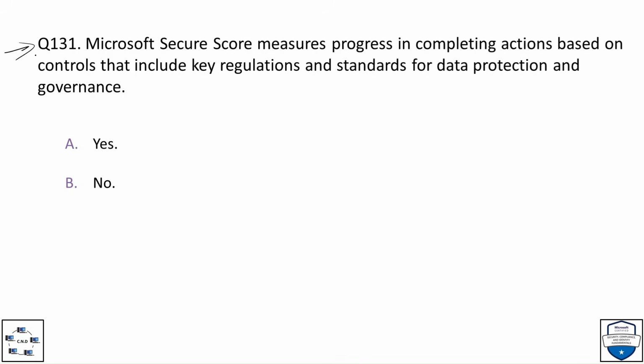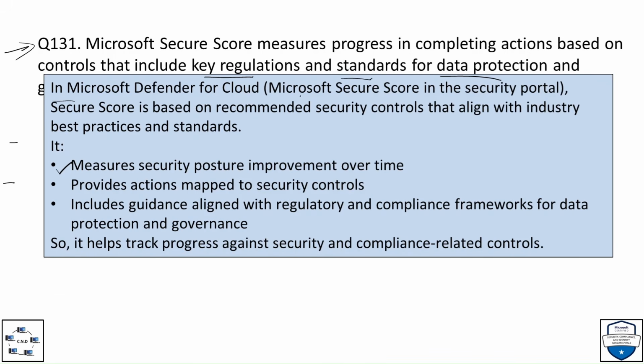Question number 131. Microsoft Secure Score measures progress in completing actions based on controls that include key regulations and standards for data protection and governance. Option A yes and option B no, and the correct option is option B no. So in Microsoft Defender for Cloud, that is Microsoft Secure Score in the security portal, Secure Score is based on recommended security controls that align with industry best practices and standards.